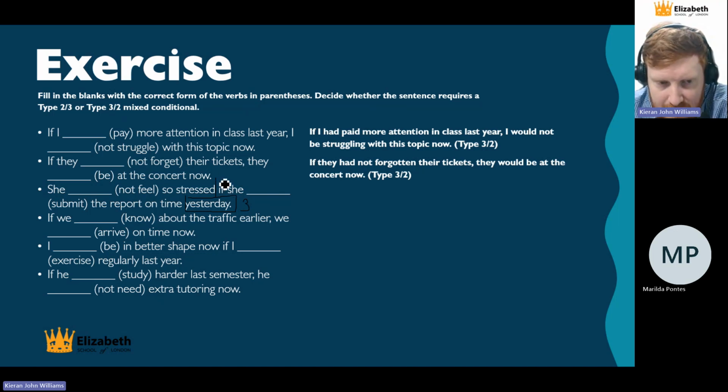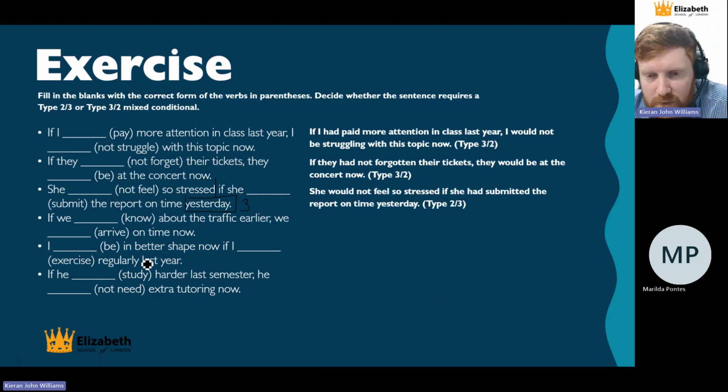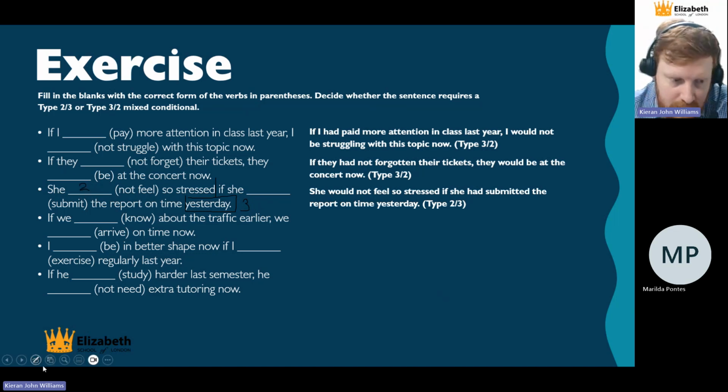So the if part is third conditional and this other part is second conditional. So again, it follows this type 3-2 thing, but it's just in the opposite order. Okay, so it is, she would not feel so stressed if she had submitted the report on time yesterday. So type 2 comes first and type 3 comes after.